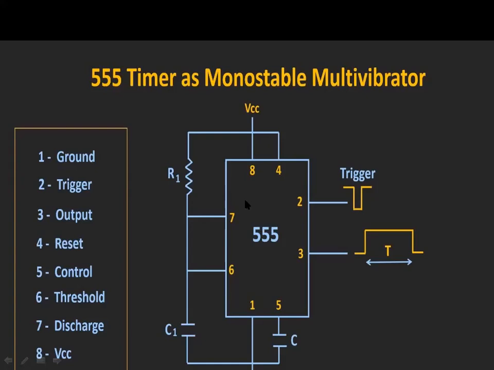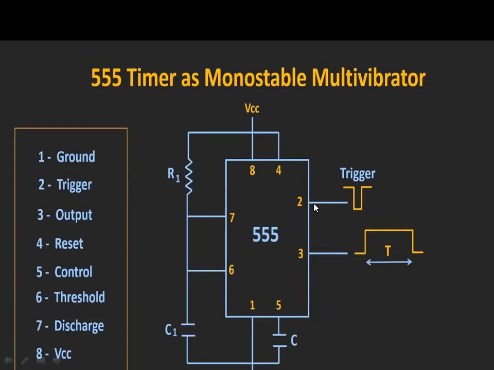In the astable multivibrator, between pins 6 and 7 we have connected a resistor, and we have shorted the 6th and 2nd pins. The astable is a self-generating multivibrator, so there is no need for an input signal. Whereas monostable has a single stable state, so for changing that stable state into a quasi-stable state, we have to give an external signal to this monostable multivibrator.